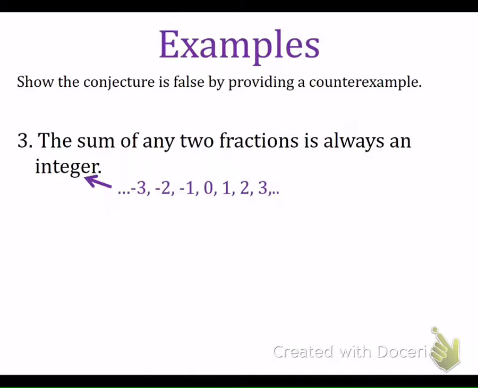So, can you think of 2 fractions whose sum is not an integer? We're trying to prove this is wrong. So 1 over 3 added to what? 2 over 1.